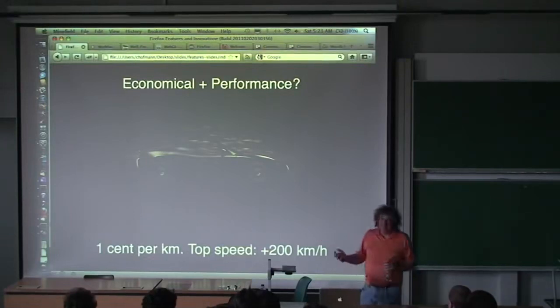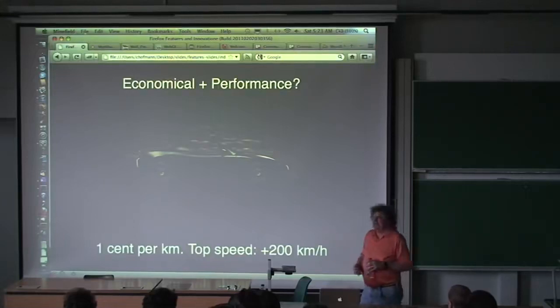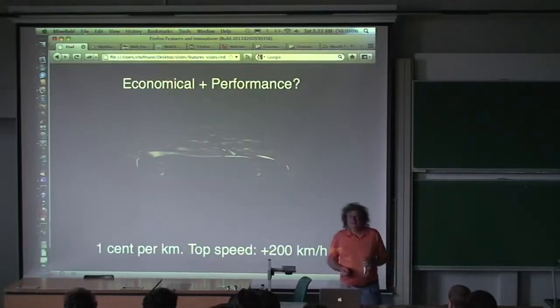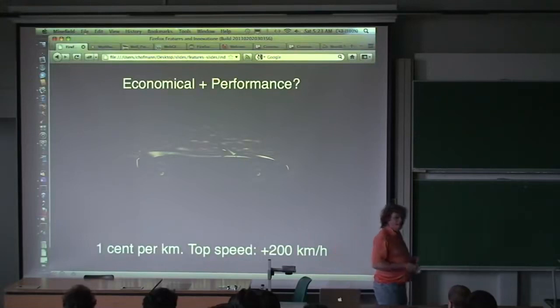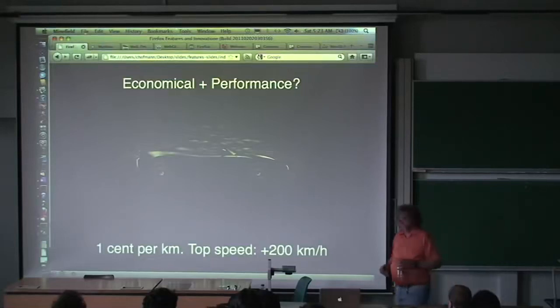So this is the Tesla, not a very good image there. You can have a car that goes 200 kilometers per hour, and it's 1 cent a kilometer to operate. And that's about 1/10 of the operational cost of a gasoline vehicle.